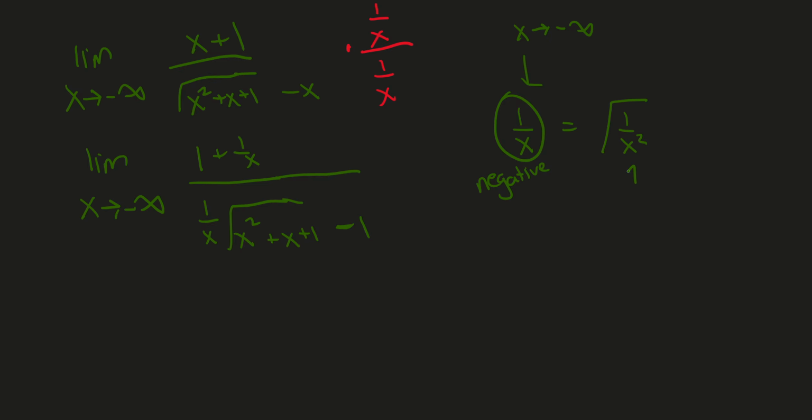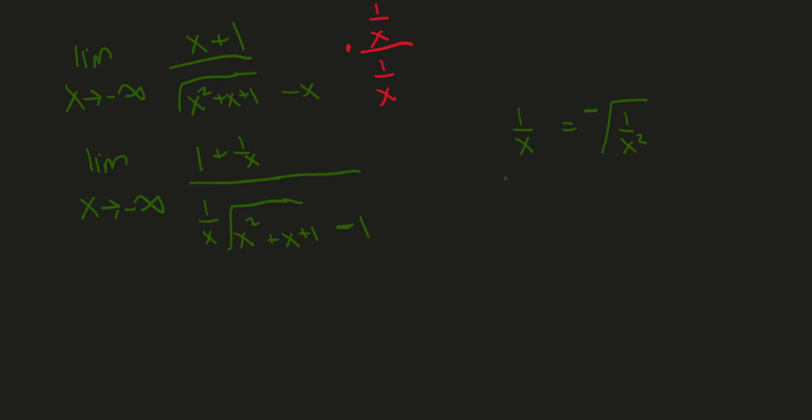Because if you plug in like negative a million for x, you square it and then you take the square root, it's now all of a sudden positive. And so these can't really be equal the way it is right now. The only way we can get 1 over x equal to the square root of 1 over x squared is if you throw a negative in front of this, okay?